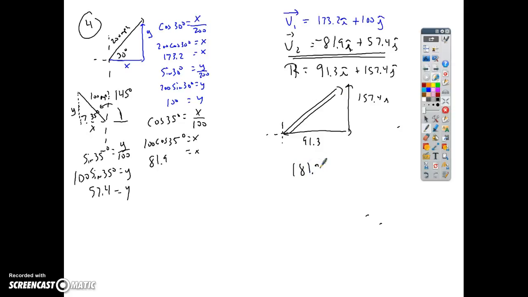Nope, that's not true. 182.0, which I just write 182 because it's a math class. 182 units, miles per hour, at, and then the angle would be 157.4 divided by 91.3, arc tan, and I get a lovely 59.9 degrees.